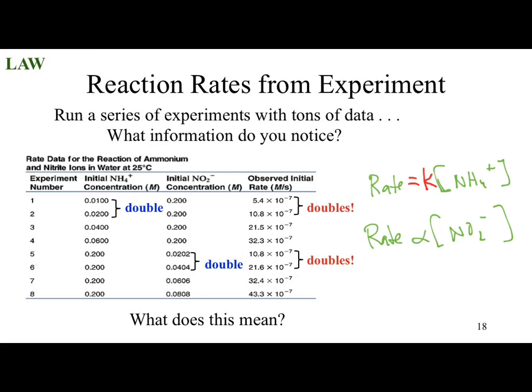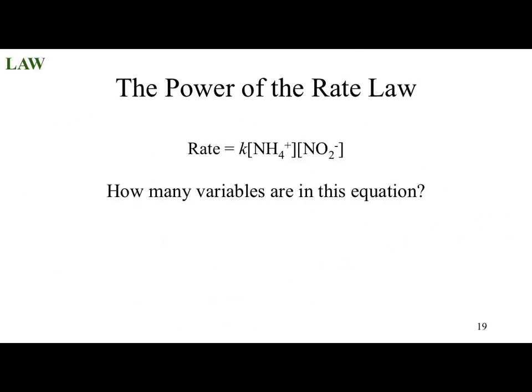No. Which means this expression doesn't work entirely. What we need to do is somehow incorporate the nitrite ion, and that's where we get our overall rate expression. We have to do a multiplication in there. We can't do an addition because that doesn't give us that direct relationship. We need to see that straight line.